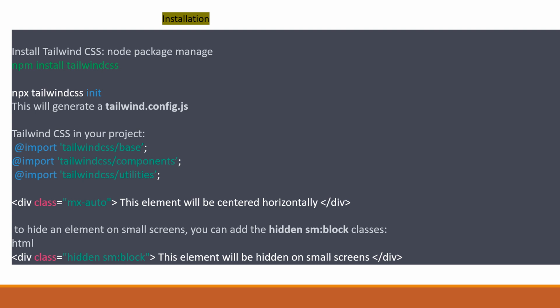On your terminal, you are going to install it. Number one, you install Node Package Manager, like how you see it in green. And then number two, you will install npx tailwindcss init. That one will generate for you a Tailwind file, and that file is what you will use for configuration.